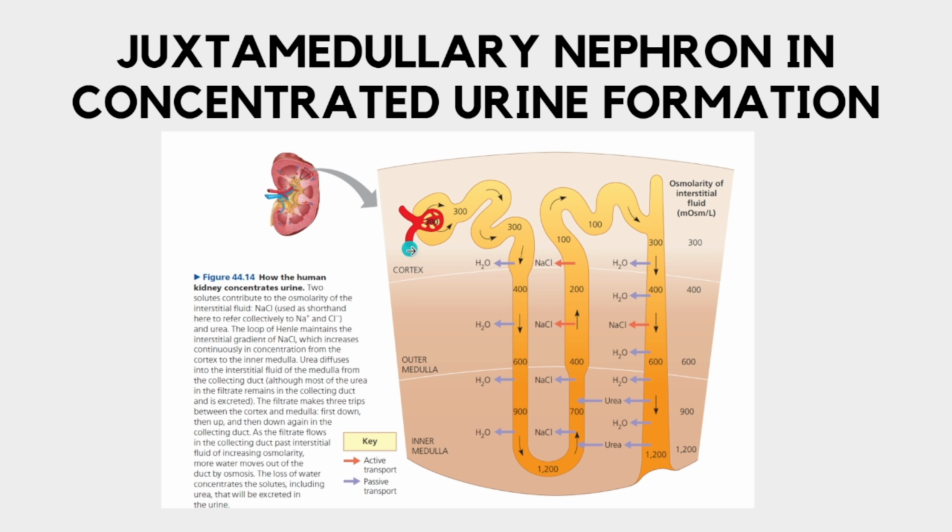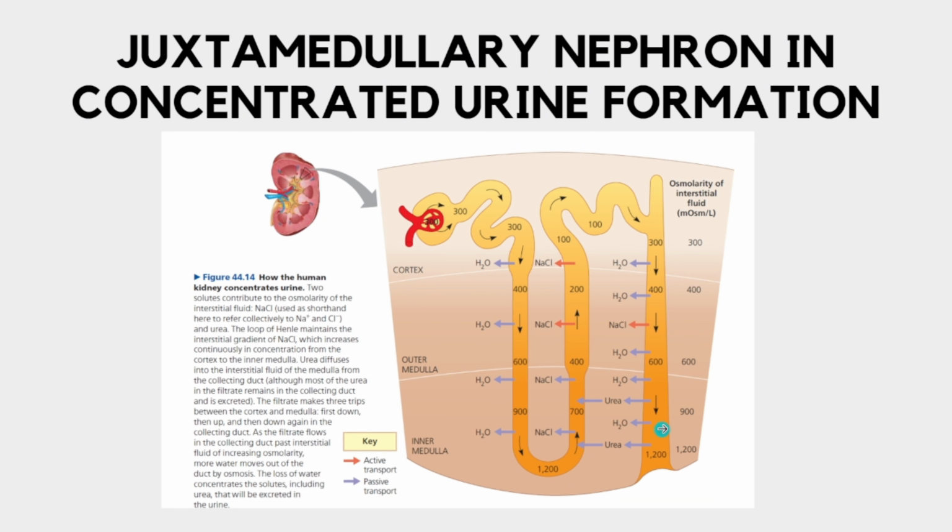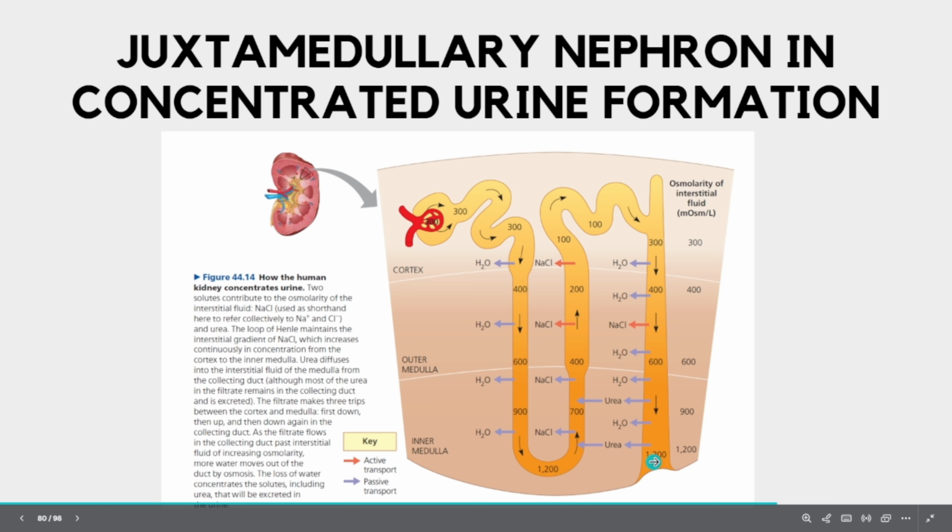As I mentioned before, the cortex osmolarity is very low, but in the inner region the osmolarity is very high, so that it can produce hyperconcentrated urine here.